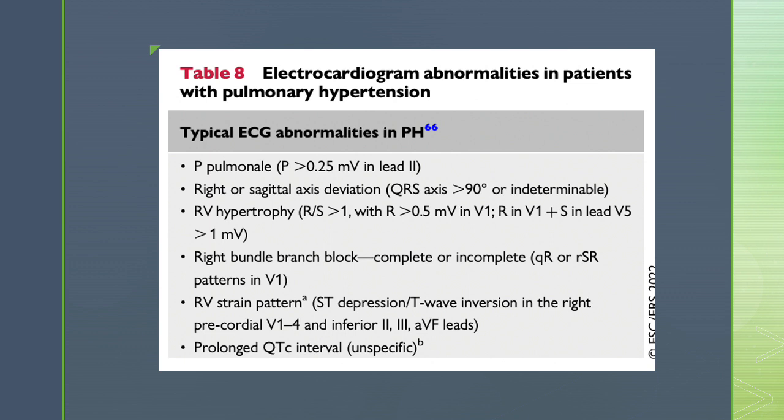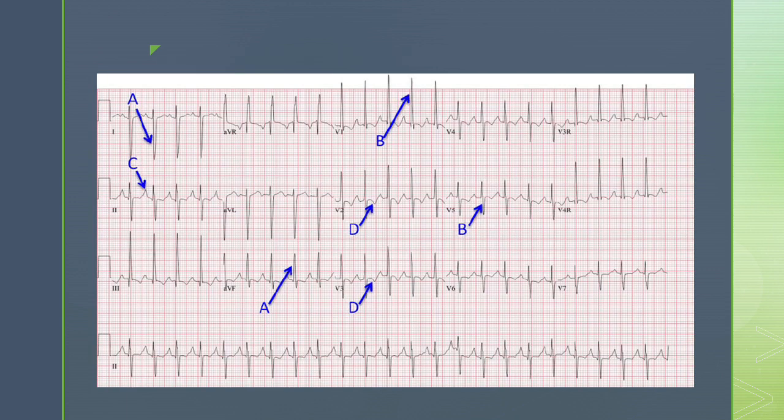ECG, I'll just dwell on it for a few minutes. You may get typical abnormalities in pulmonary hypertension, mostly P pulmonale, so right axis deviation, signs of right ventricular hypertrophy, right bundle branch block, strain pattern, and sometimes QT interval changes. So here you can see evidence of right axis deviation.